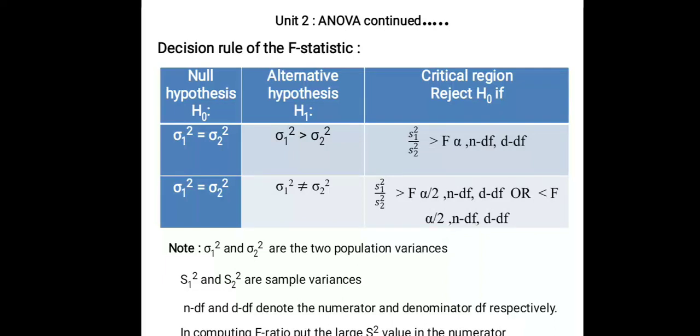Good afternoon. In the previous session, we discussed testing the overall significance of the sample regression, that is, testing the null hypothesis beta 2 equal to beta 3 equal to 0.